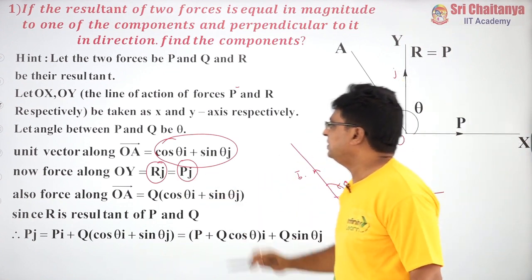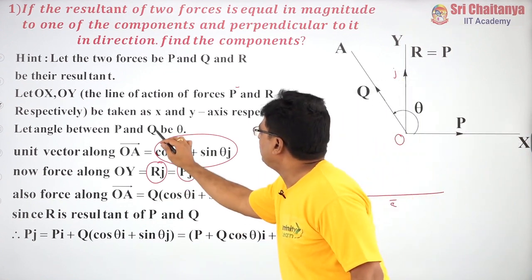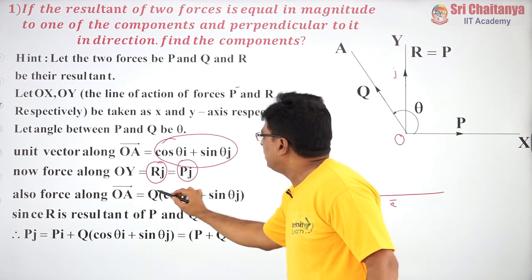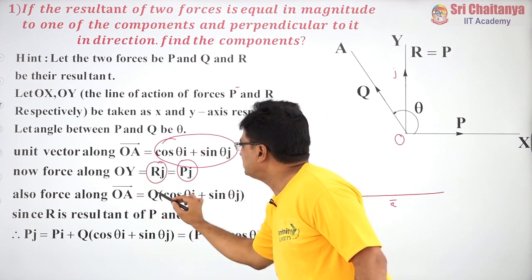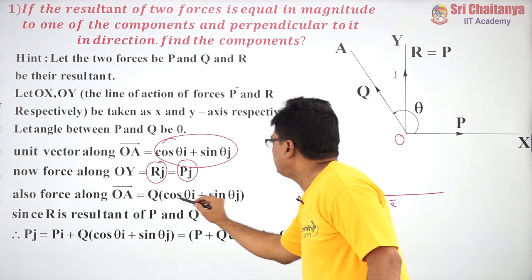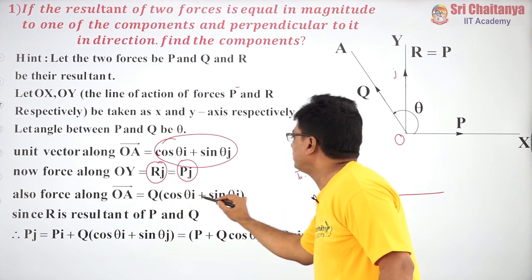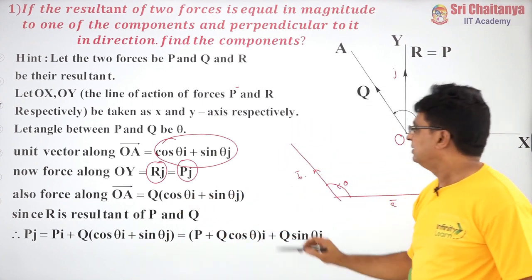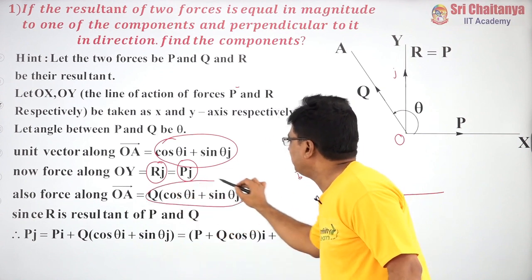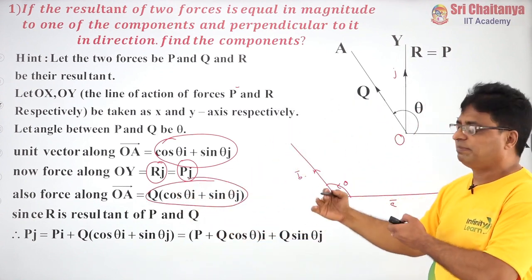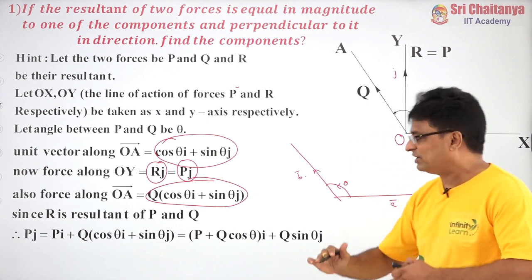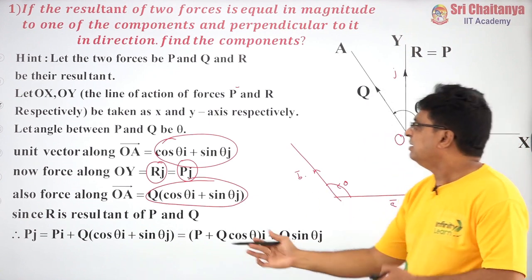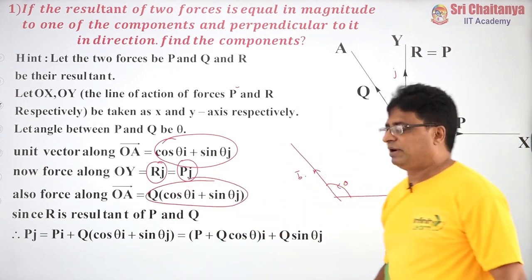Therefore the force along OA bar, this is the unit vector, therefore force means this quantity Q into the unit vector, that is Q into cos theta i plus sin theta j. This is the component of OA bar I can say, but force along OA bar I am writing.